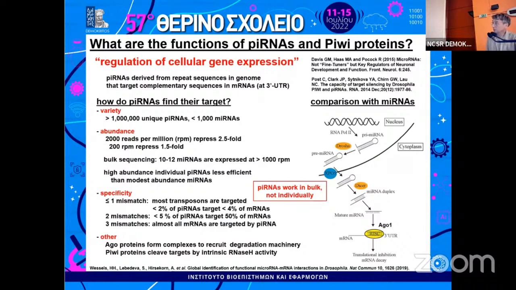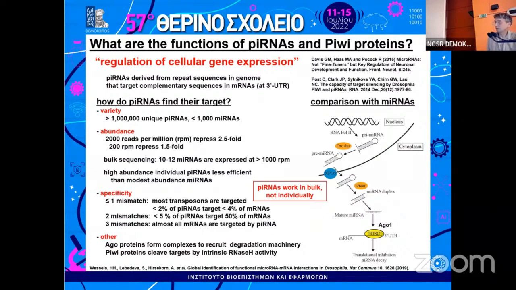Then there is the issue of specificity: whether mismatches will be tolerated or not will define how many targets can be reached by the piRNAs. And also it needs to be considered that piRNAs may have a different mechanism than miRNAs.